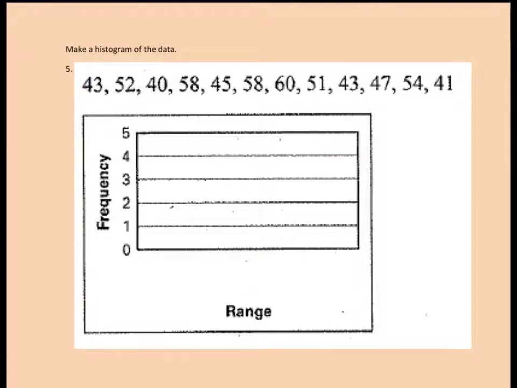So make the histogram of the data. So here's the frequencies. So let's see what happens when we use that method. What's the maximum value? 60. What's the minimum? 40. Divide by 5, and you get 4. So what we're going to do here is go 40 to 44.